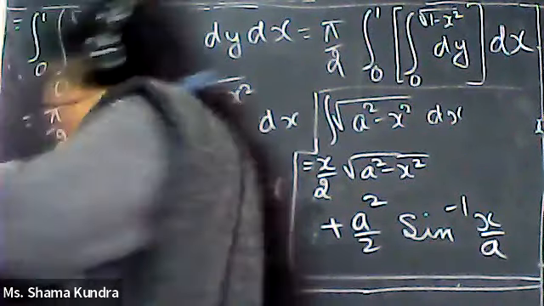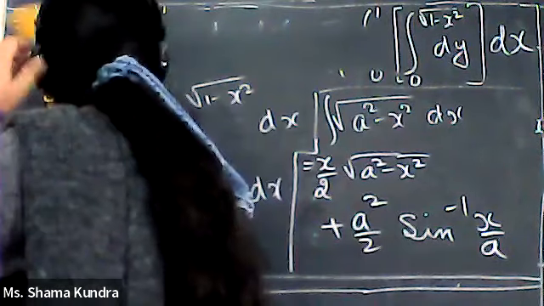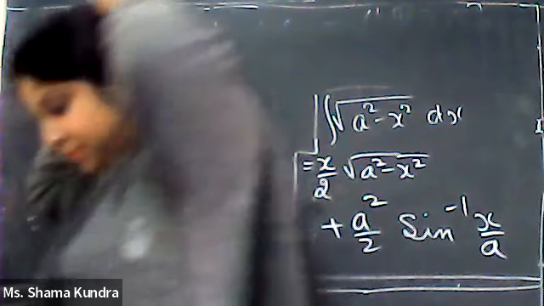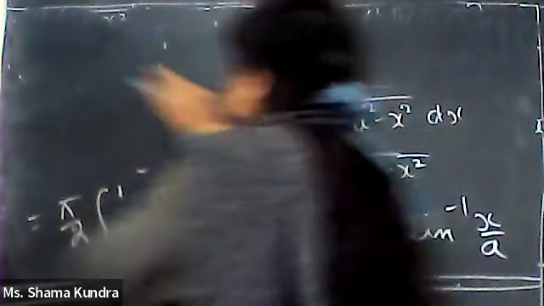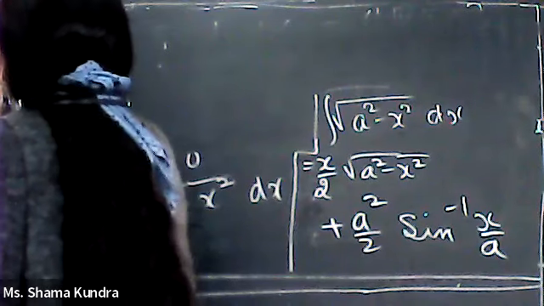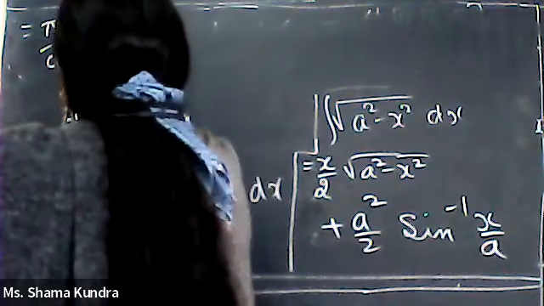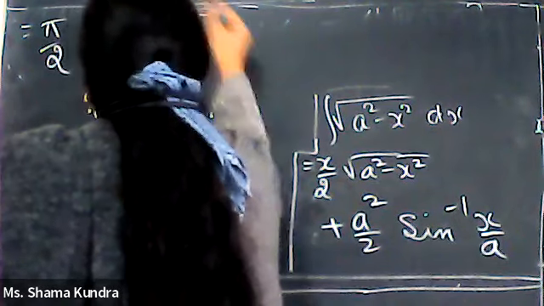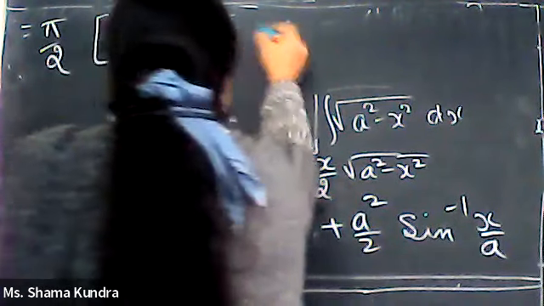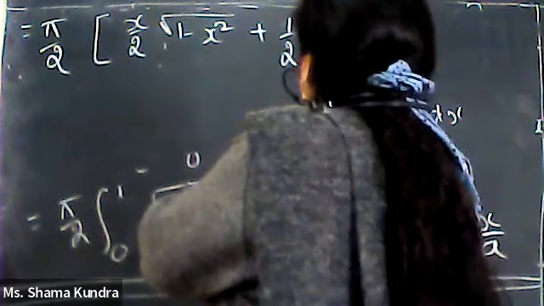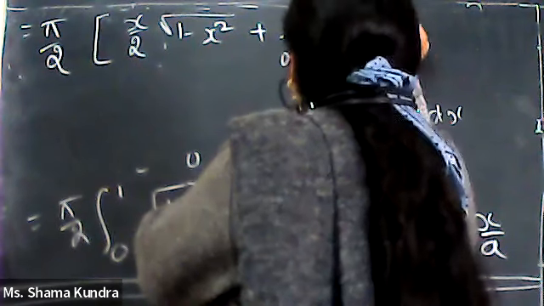Now, using this formula here, what will we get? Pi by 2 is outside and inside, apply this formula and we get x by 2 under root of a square minus x square plus a square by 2 sine inverse x upon a.